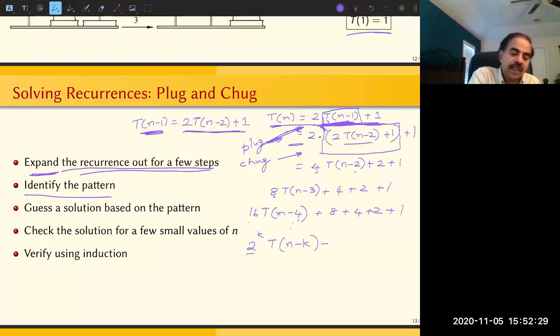You can also see that this number is actually half of this one, and the next one is half of that, and half of that, and so on. So this is going to be 2 to the power k minus 1 plus 2 to the power k minus 2, all the way to 1. And where is this going to stop?